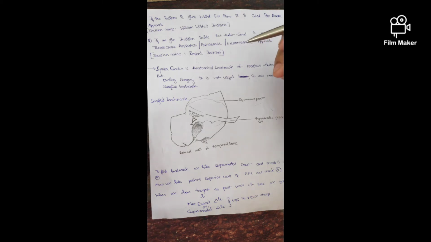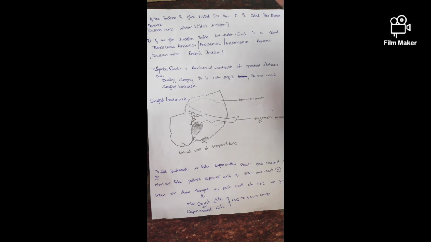As we discussed earlier, the cymba concha acts as an anatomical landmark of the mastoid antrum, but during surgery, we give an incision behind the ear pinna and remove its flap. As we remove it, we cannot identify it as a landmark, so we need a surgical landmark.